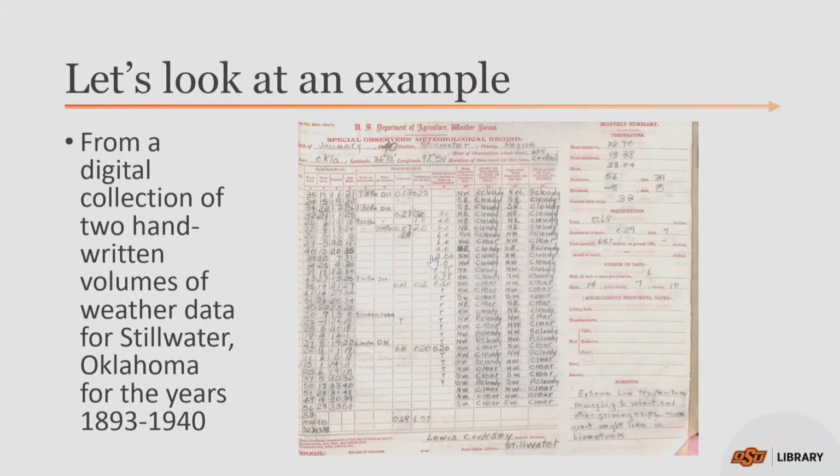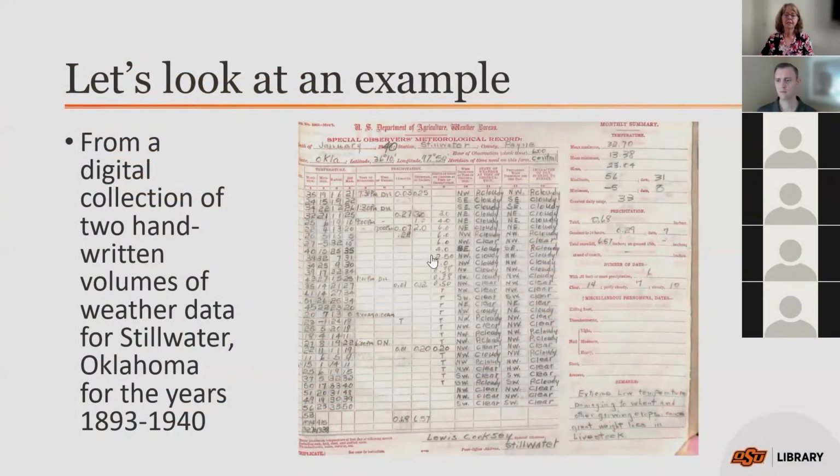There were two leather-bound volumes of weather data collected by the Agricultural Research Station here at Stillwater, starting in 1893, and the data goes through 1940. The picture you see here is the PDF, or the photo, of what the data looked like before it was transcribed.